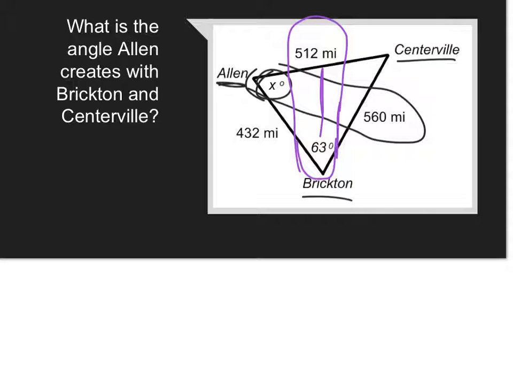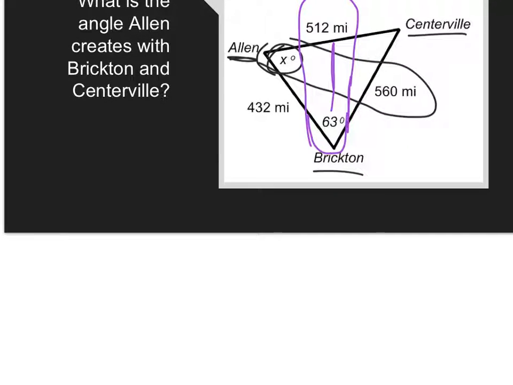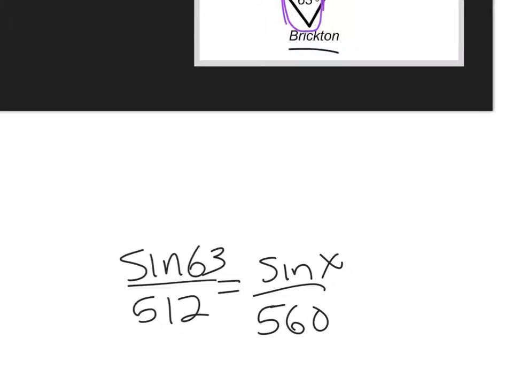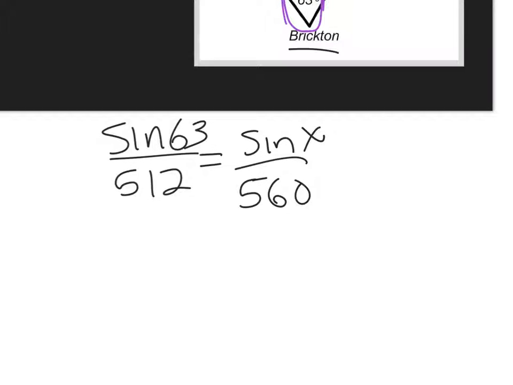X is across from 560. My instinct says my answer should be a little bit bigger than 63, but we'll find out. So if I take the sine of 63 over 512, that's got to be the sine of x over 560. That's what my setup looks like.